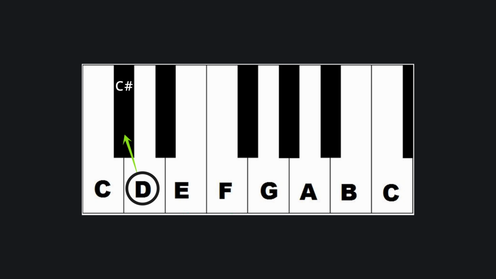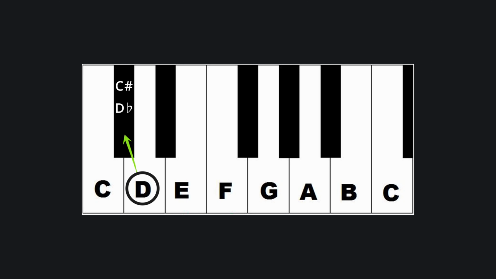Now as I'm going backwards, I'm going to change the name. I'm not going to say D sharp. I'm going to say D flat, represented by that funny symbol that looks like an italic B.